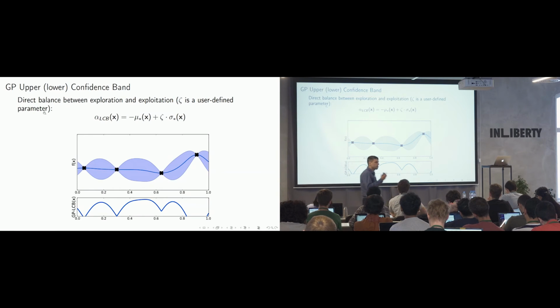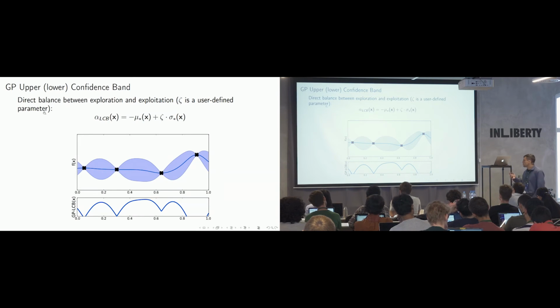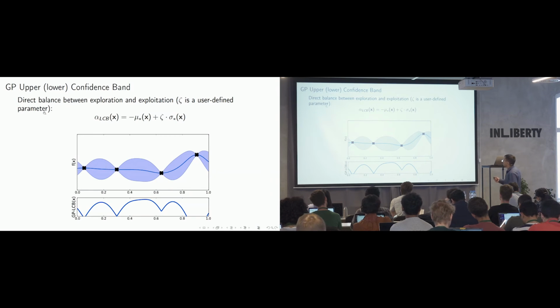However, because this prediction has some error, we need to take into account this error of prediction. And in order to do that, I just add here the uncertainty estimate sigma of x with some coefficient zeta. Actually, this can be considered as a kind of confidence interval for the prediction of the mean value.